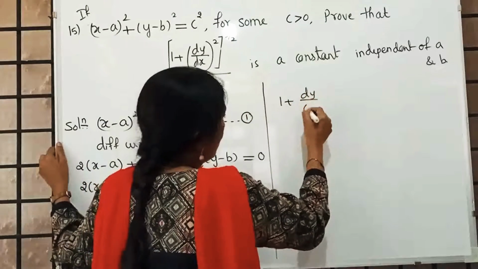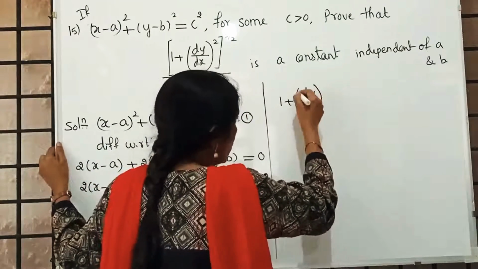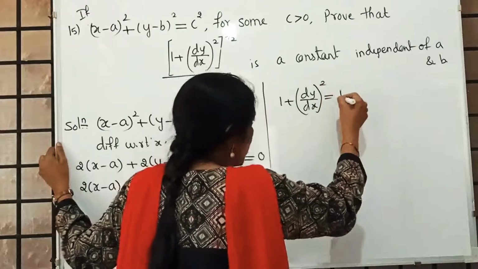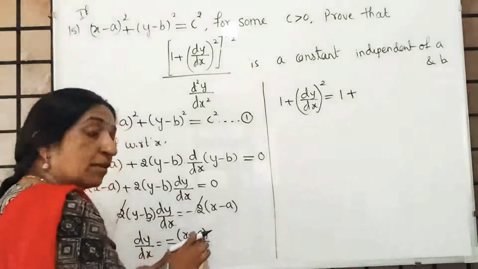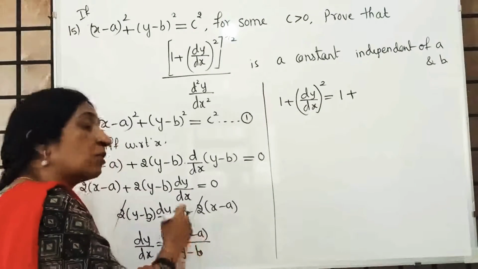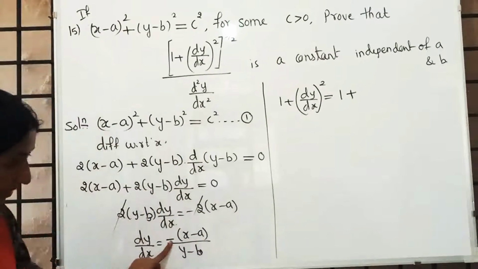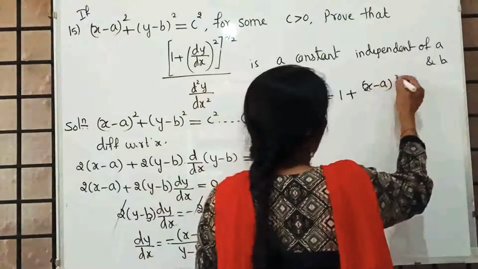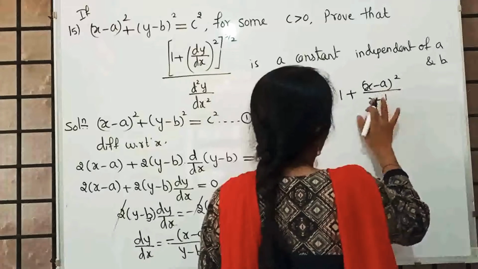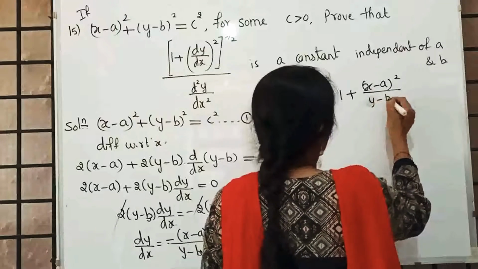Whatever you are getting for dy upon dx, write a square of that, and this minus changes to plus. It is x minus a whole square divided by y minus b whole square.